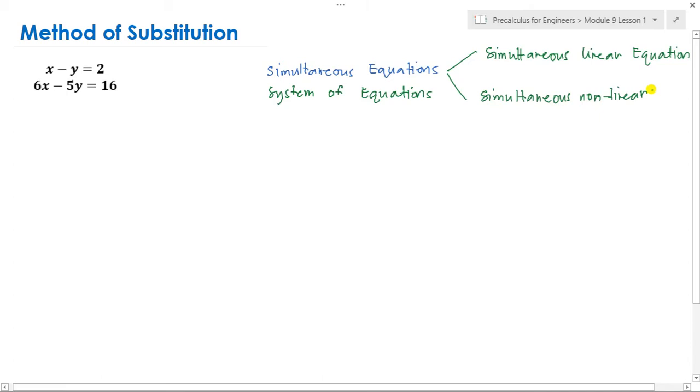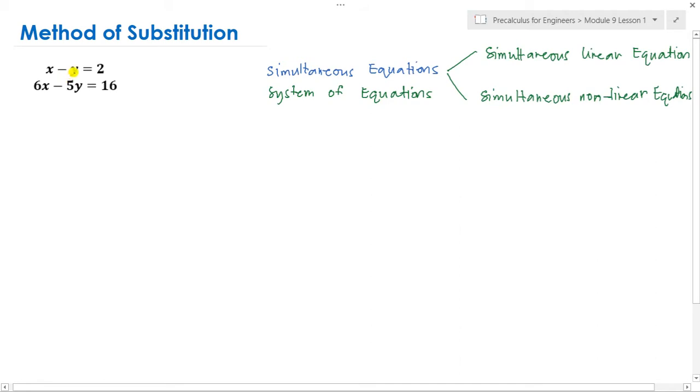This is just a review of our topic before, katong polynomial equations. When we say nonlinear equations, the degree of the polynomial is 2 or more, like quadratic, cubic, quartic, quintic, and so on and so forth. So as you can see in our first example, this is a simultaneous linear equation because the degree of x is equal to 1, and the same thing with the degree of y.